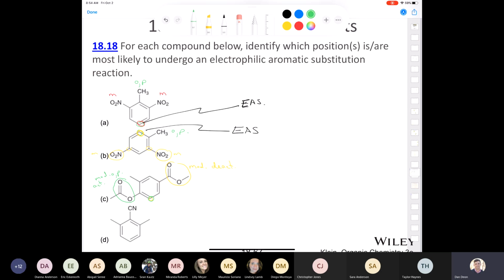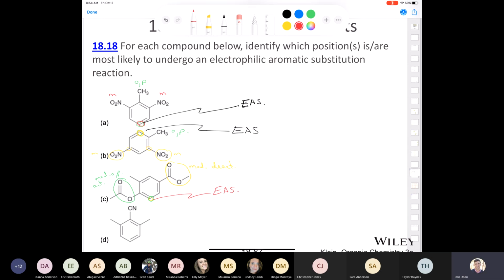Now there's one more group, and it's a methyl group. That methyl group would be directing to the ortho positions or the para position, but that is a weak activator, and this is a moderate activator, and so that's going to be the king of the castle. And so our electrophilic aromatic substitution is going to occur at that position.